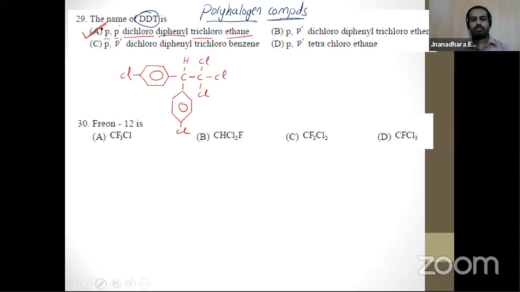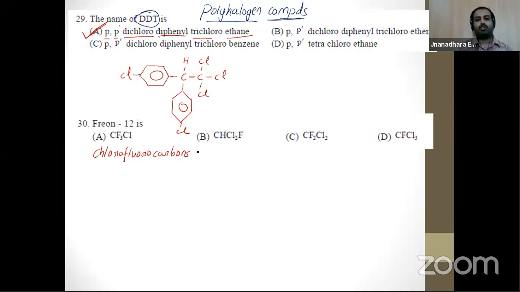Last question of the worksheet: Freon 12. Freons come under the category of compounds called chlorofluorocarbons.